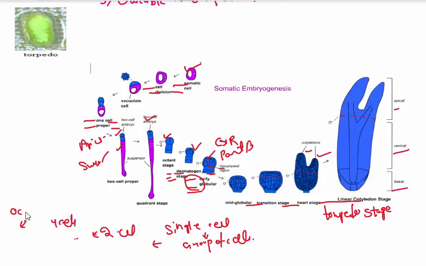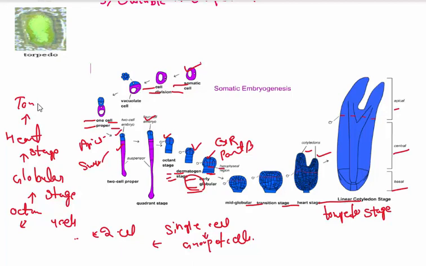And after that, the formation of globular stage, right? After globular stage, there is the formation of heart stage, and after heart stage, there is the formation of torpedo stage. Right? Then the mature embryo. Right?